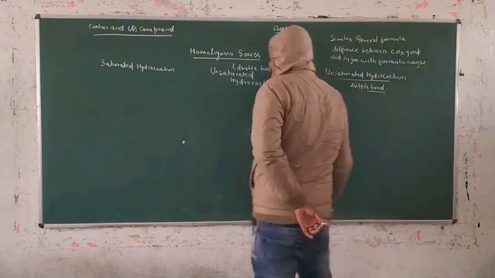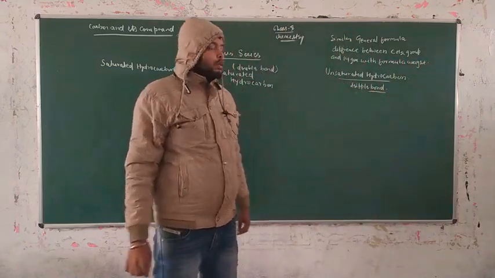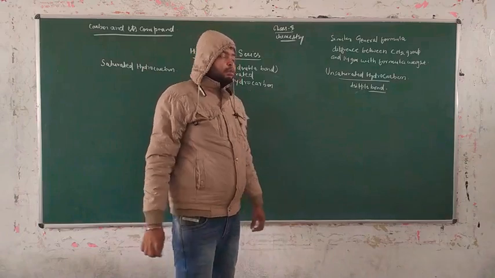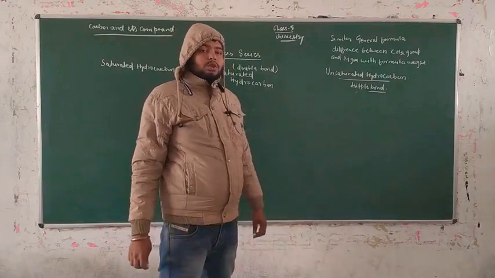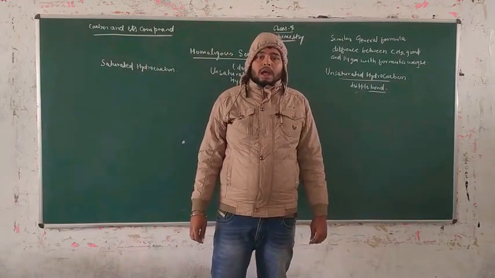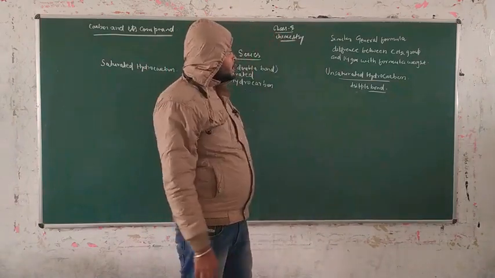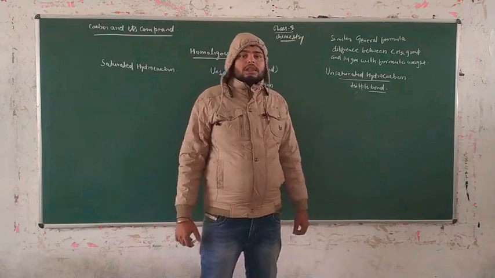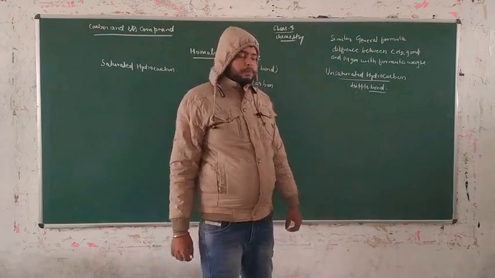That means this is the overall concept of the homologous series. Similar general formula, difference of CH2 group, that means the compound is increased by the CH2 group, and its weight consecutively increases by 14 gram.